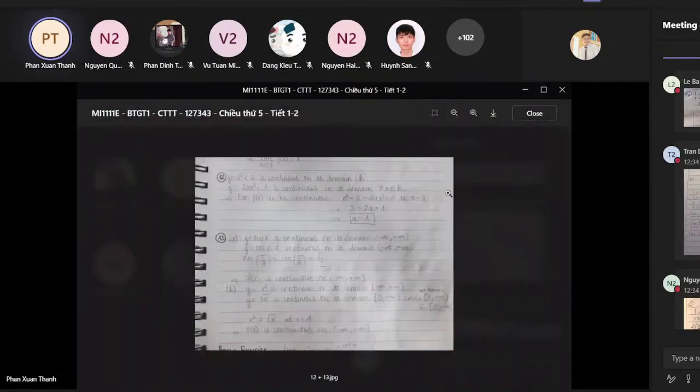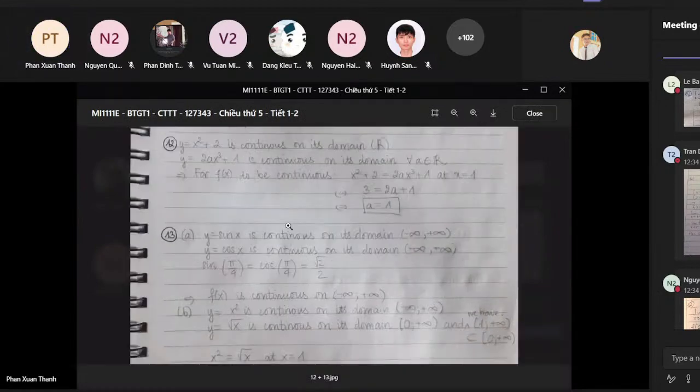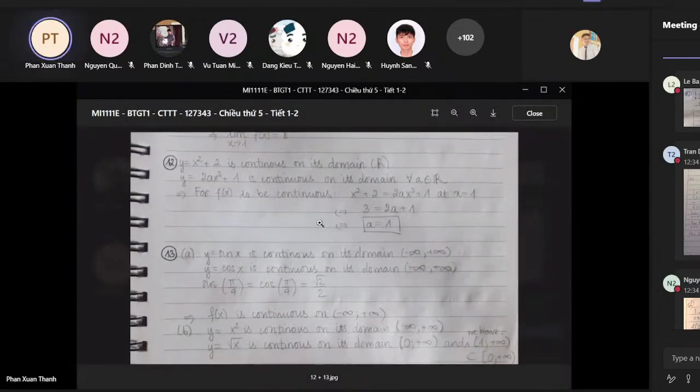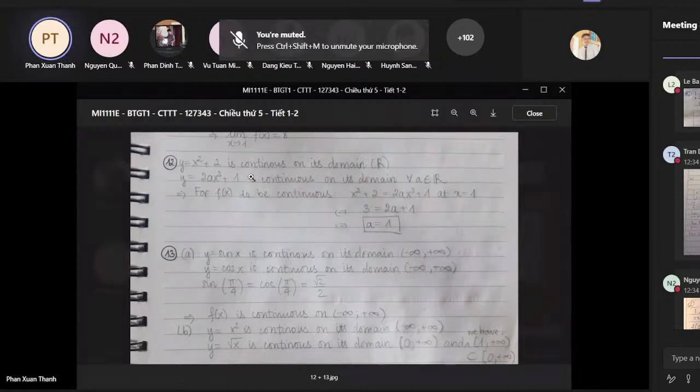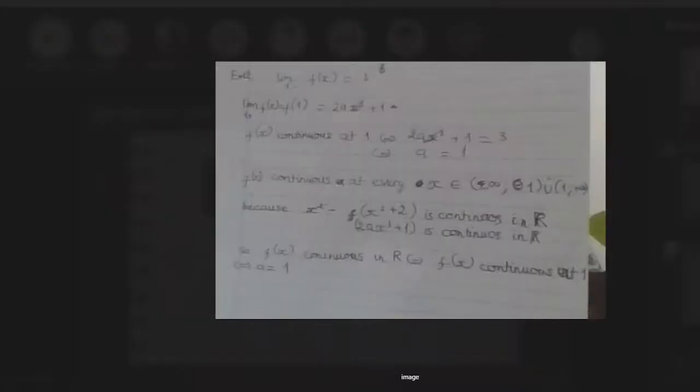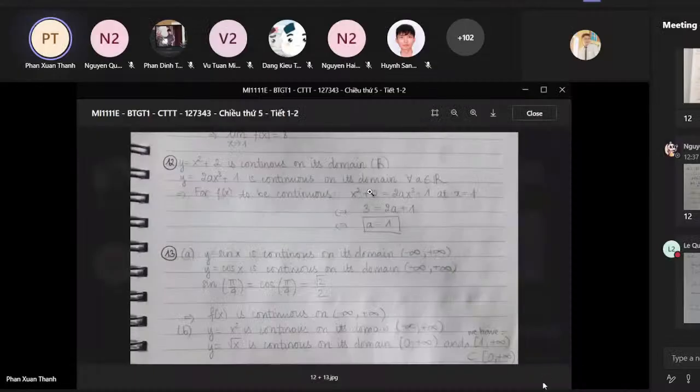Đoàn Thế Vinh. f is continuous on its domain. Okay, as I said, for the first statement, you should say something about the continuity of f when x is not 1. You can say f is continuous for x not equal to 1. And now let's consider x equal to 1.